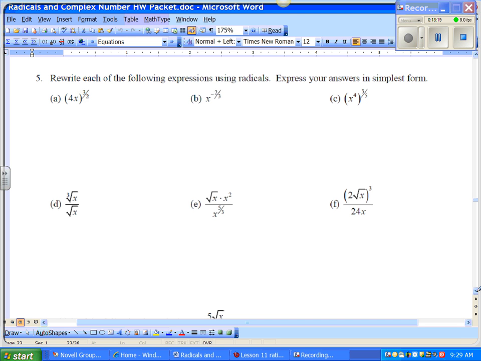When you raise a power to a power, you multiply. So this becomes x to the 12 over 5. This is 4 over 1 times 3 over 5. Okay, make this into a radical for me.